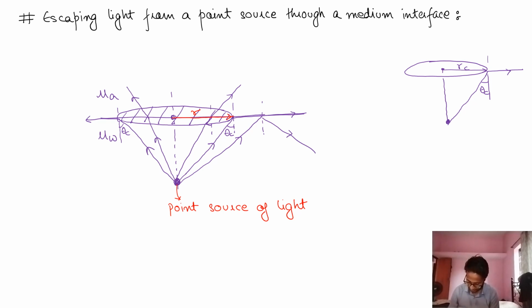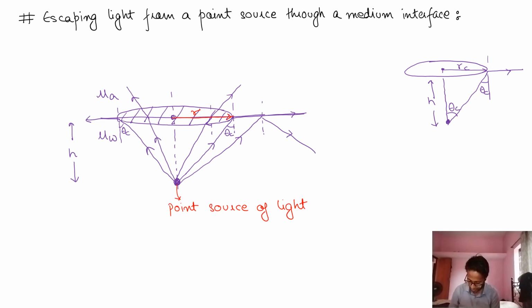Now if this is theta c, can I say this is also theta c? The depth of the point source of light from the water surface is given as h, or should be given in the question.